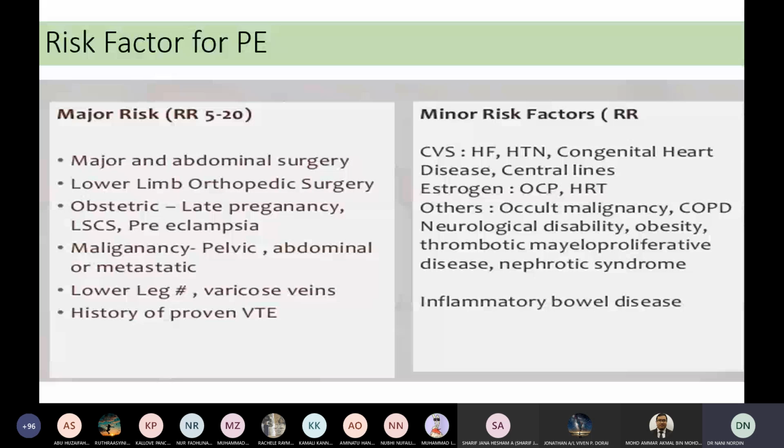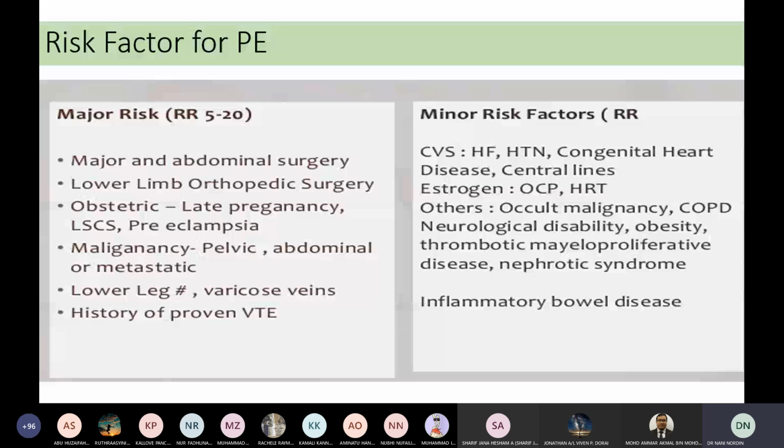Typically, it has been reported that women aged more than 30 who are on OCP and who smoke have a high risk of getting PE. So it's a combination of everything.